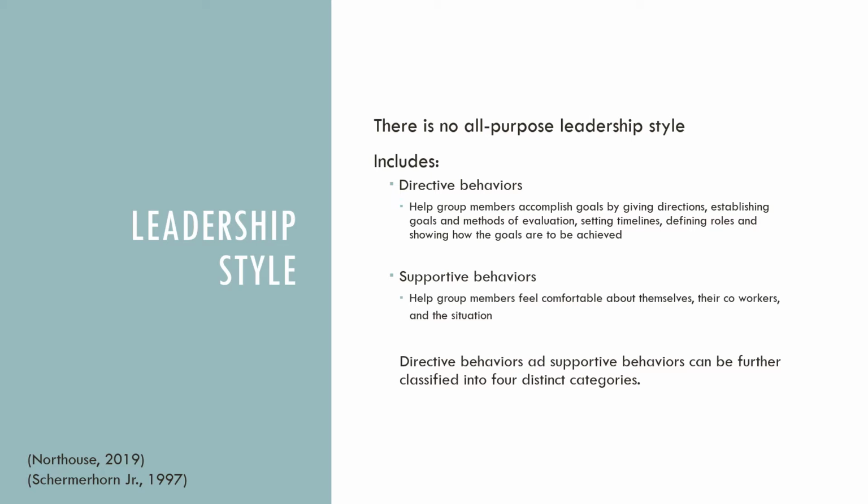They usually involve two-way communication and responses that show social and emotional support to others. Some examples of this could be asking for input, solving problems, and listening. Directive behaviors and supportive behaviors can also further be classified into four distinctive categories.